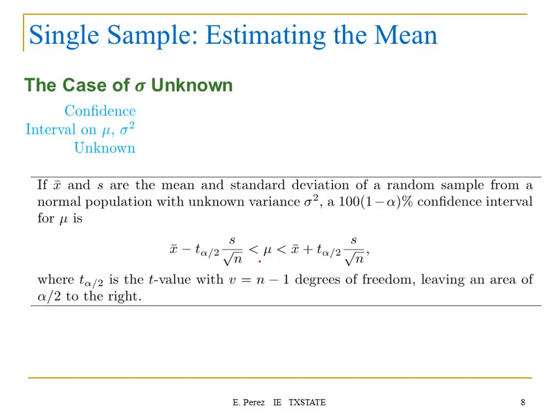You can compute that confidence interval using, instead of sigma, the population standard deviation, the S value, which is the sample standard deviation, and we are using t instead of the standard normal distribution. And this is for n-1 degrees of freedom.